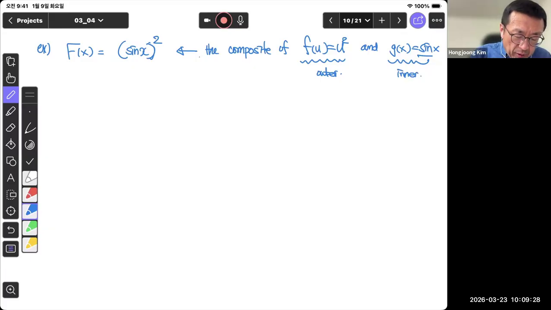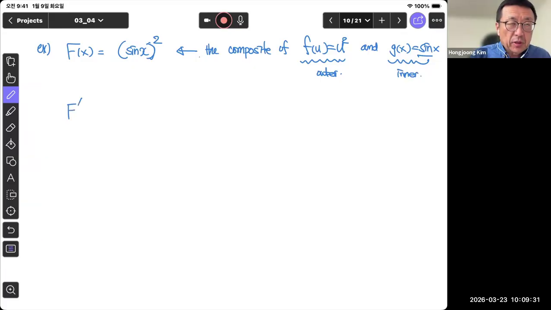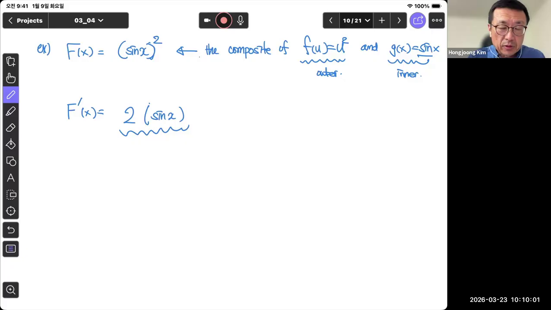If you want to find the derivative of this uppercase F, you first differentiate the outer function. What is the derivative of the outer function? If you differentiate u squared, you get 2 times u, and that u is replaced by the inner function, which is sine. So that is the derivative of the outer function evaluated at the inner function.